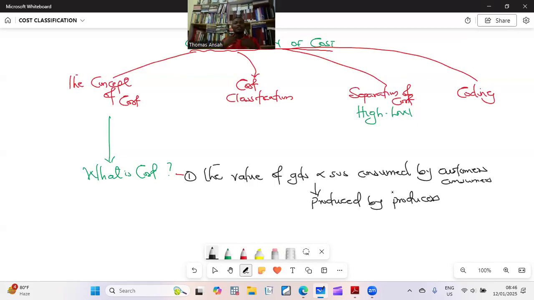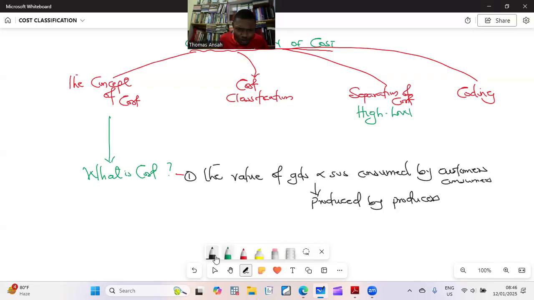How much value do we place on what we have produced? Because the value I put on what I've produced is what you are buying it for, and that is the cost. But cost doesn't mean only that.